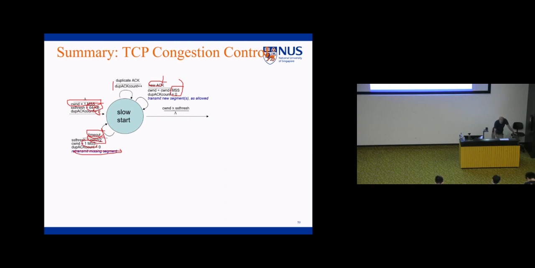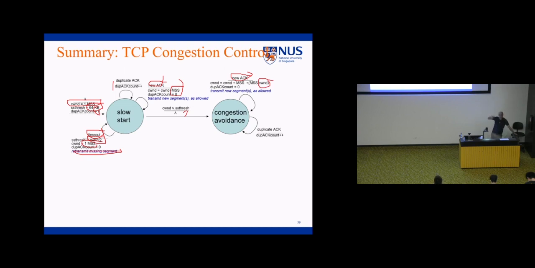Whenever your congestion window becomes greater than slow start threshold, you enter the congestion avoidance phase. In congestion avoidance, every time you get a new acknowledgement, you don't increase by 1. You increase by 1 over congestion window.